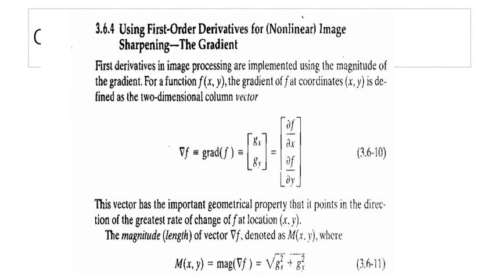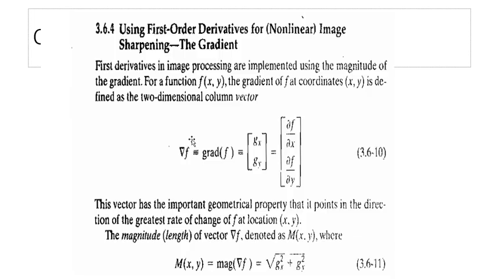Next, we are using the first order derivative for image sharpening. The first derivative in image processing is implemented using the magnitude of the gradient of the function f of x comma y. The gradient of f at coordinates x comma y is defined by a two-dimensional vector.